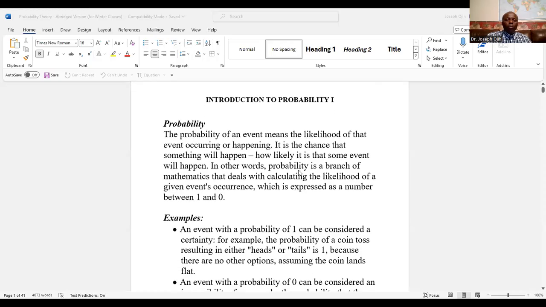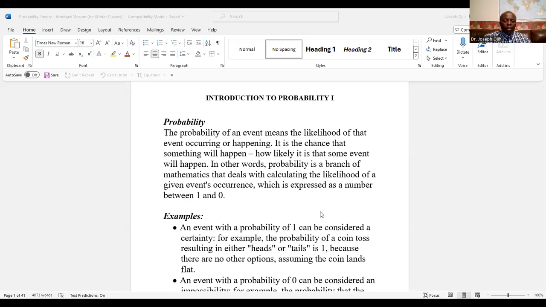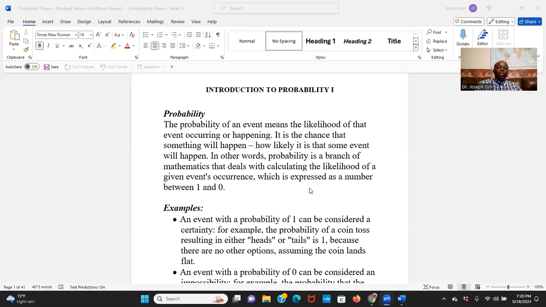Now, when we say probability of an event, what we are referring to is the likelihood of that event occurring. In other words, it is a branch of maths that deals with calculating the likelihood of a given event occurring, which we normally express as a number between 0 and 1.